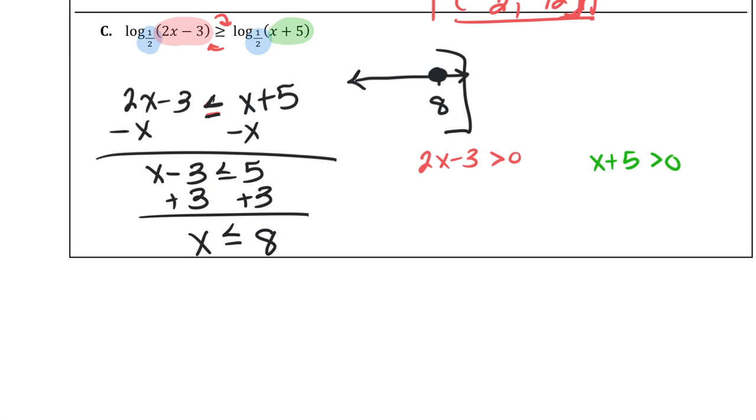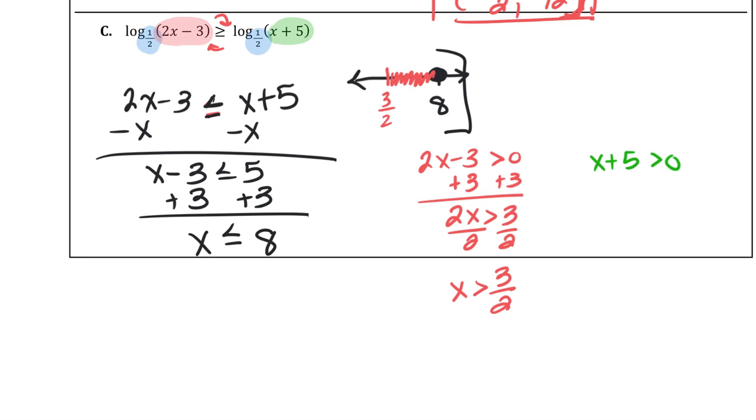So if I look at strictly the left-hand side of my inequality, solve for x, I end up with 2x is greater than 3, divide by 2. So this one says, okay, you're allowed to choose anything less than 8, but please just make sure that it's greater than 3/2. Okay, so we've narrowed our window down just a little bit.